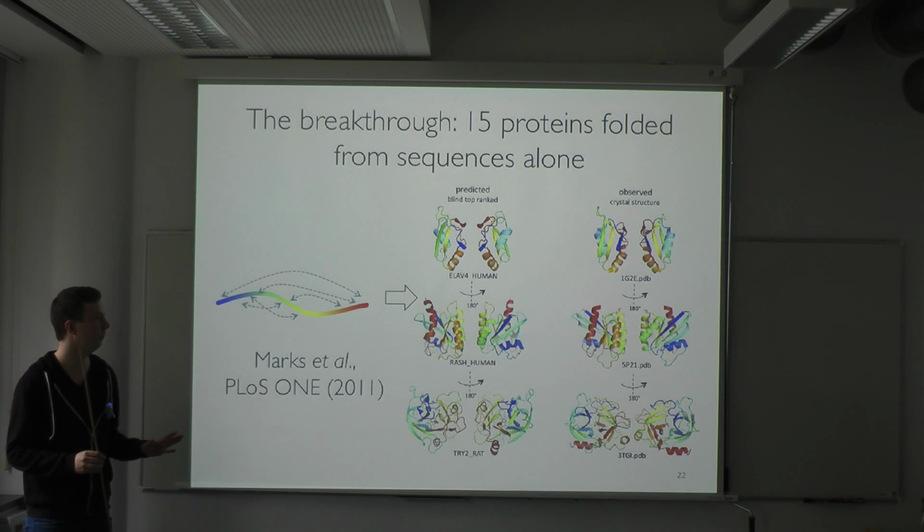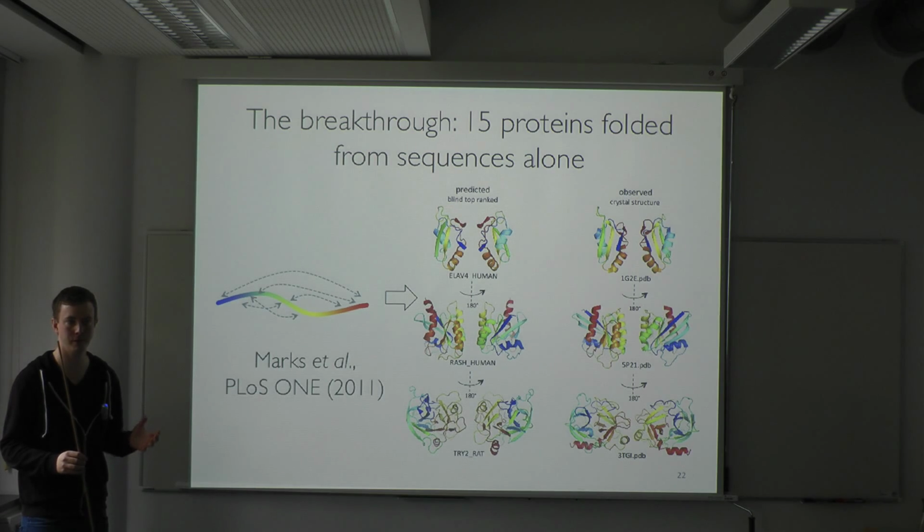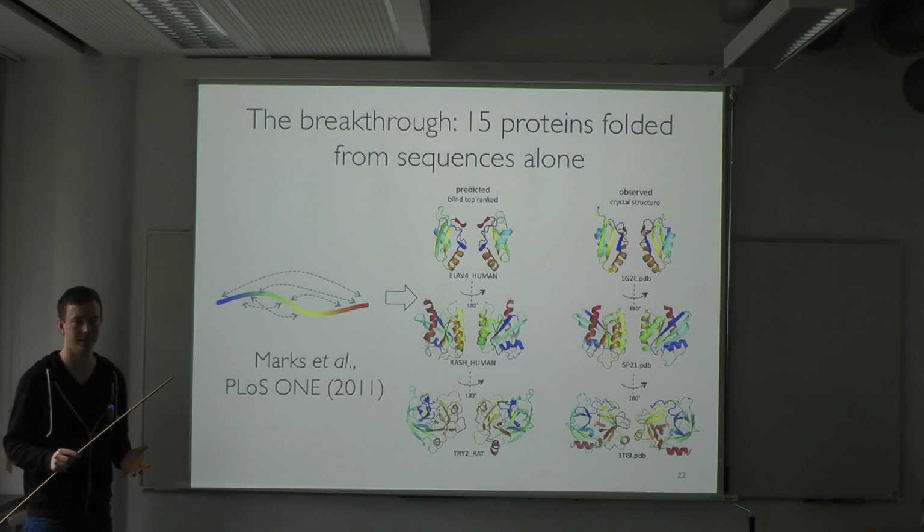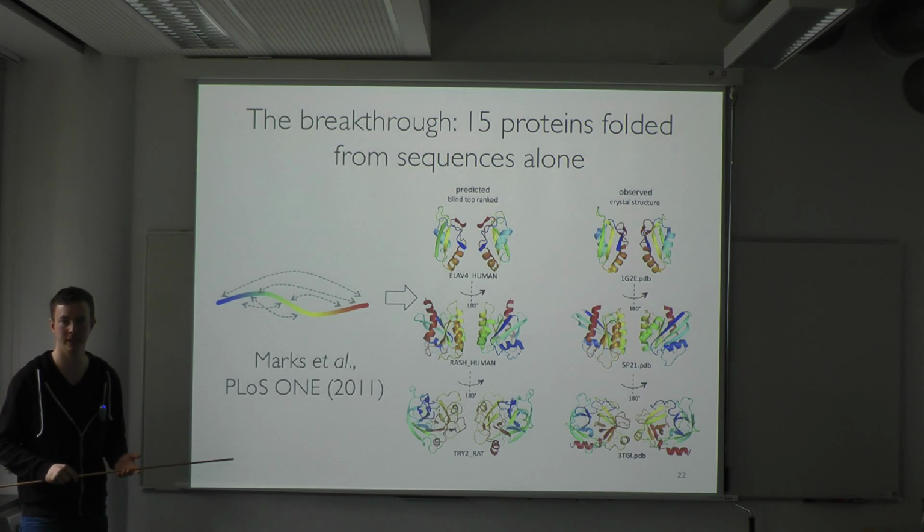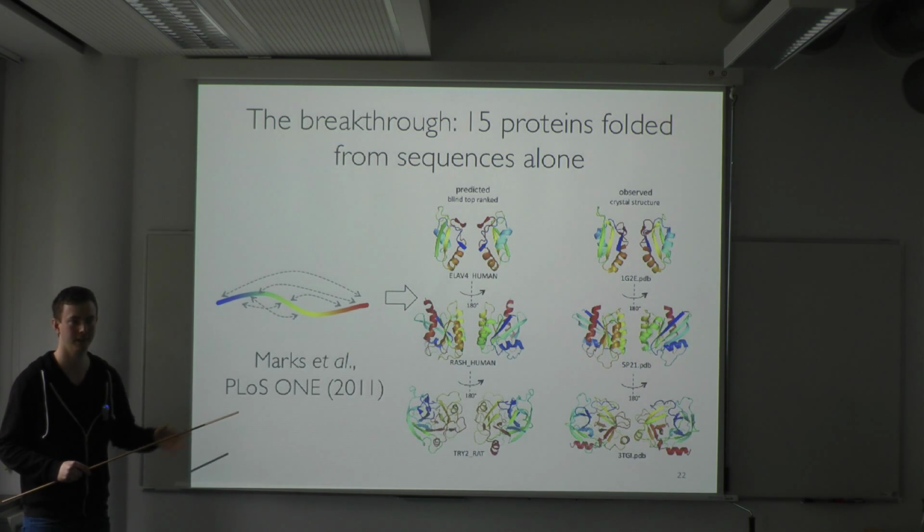Usually people think about this three-dimensional structure problem, maybe you've heard about it before, you need really big computers, and there's this thing called Folding at Home or Rosetta at Home, where people invest lots and lots of computing power to figure out these three-dimensional structures.